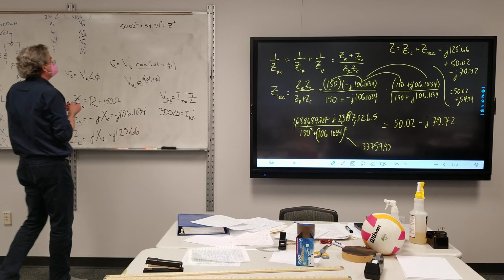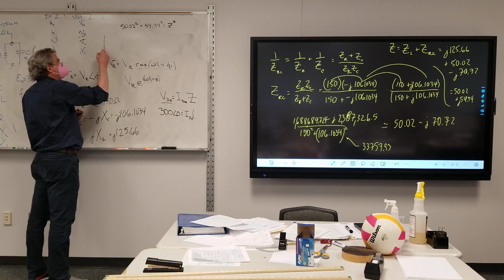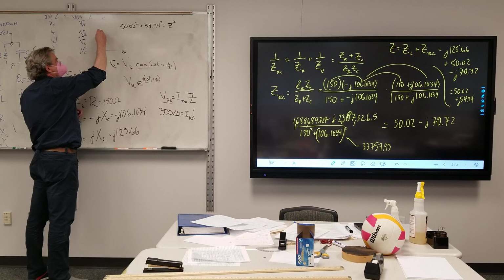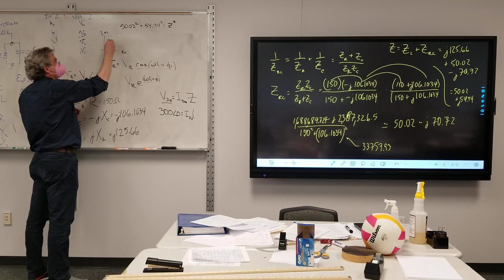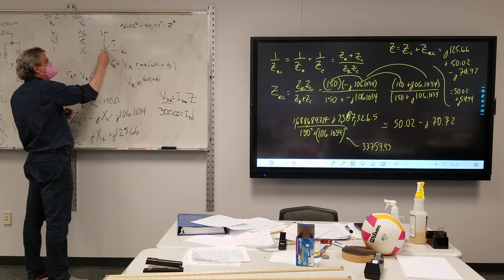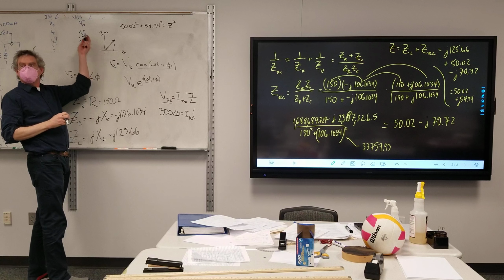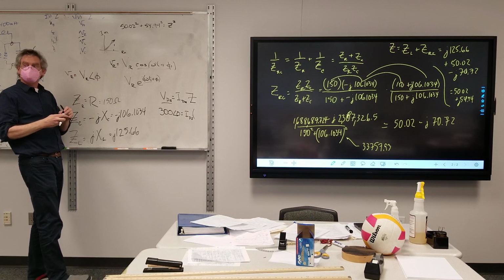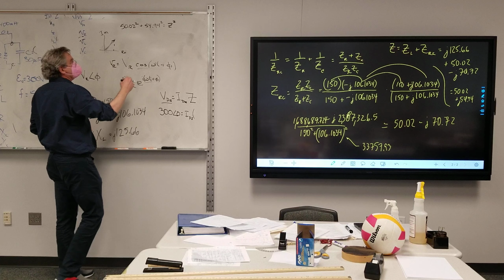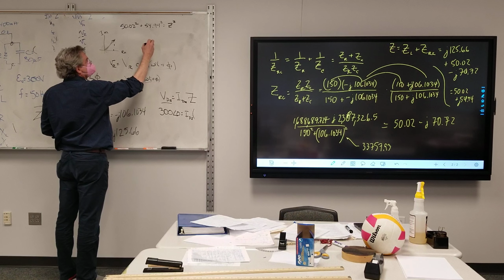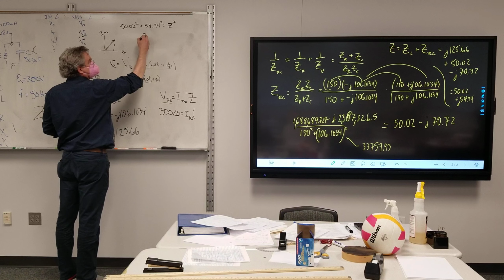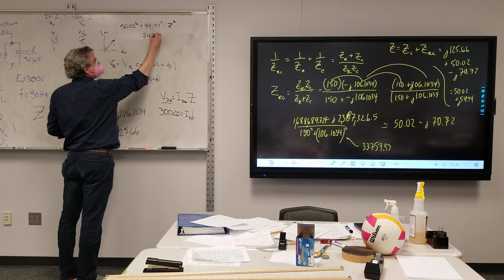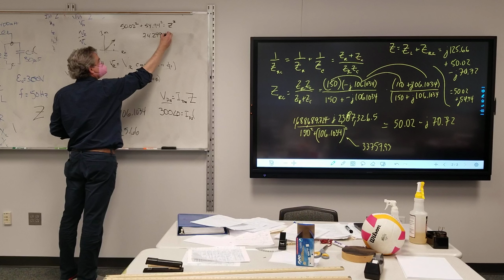Because that's real and imaginary, and so it looks like that. The magnitude of this, oh, imaginary's sort of built into that. What do you get again? 74.299. 74.299, okay, that's equal to Z.